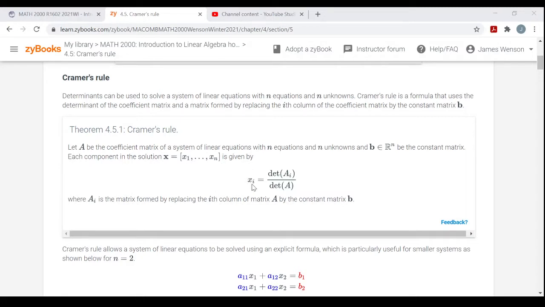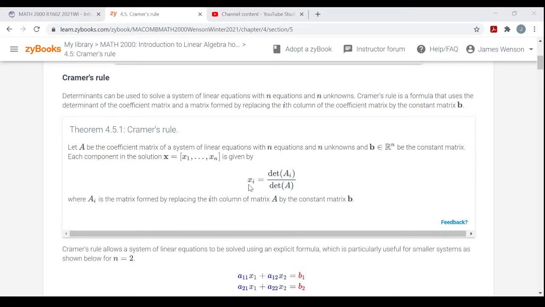The ith component, xi, will be the determinant of matrix A sub i, divided by the determinant of the coefficient matrix. So you see why the coefficient matrix has to be invertible here, because you can't divide by 0. If A wasn't invertible, then the determinant of A would be 0, and you couldn't do this. So A has to have a non-zero determinant in order for this to apply.